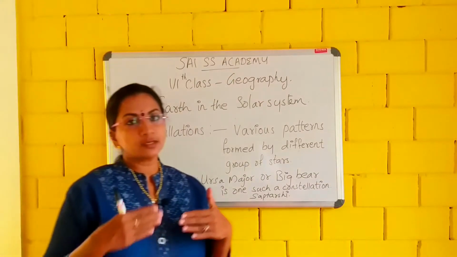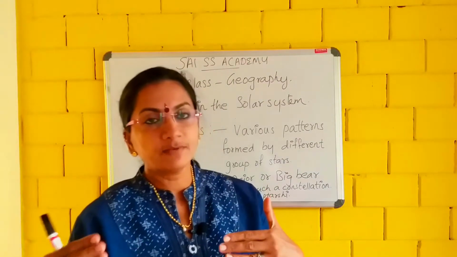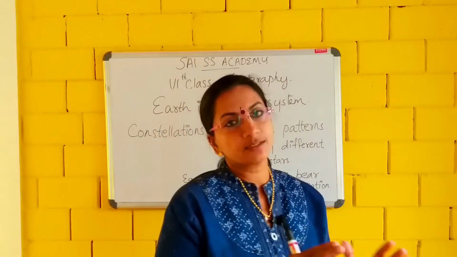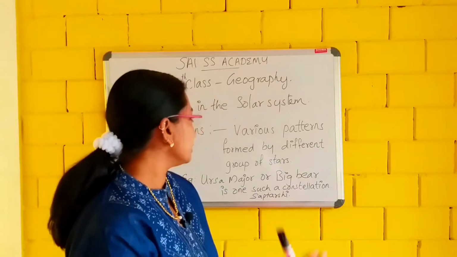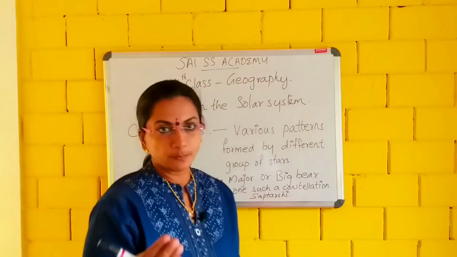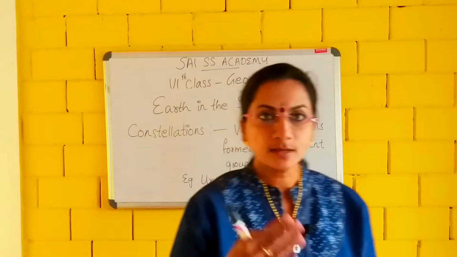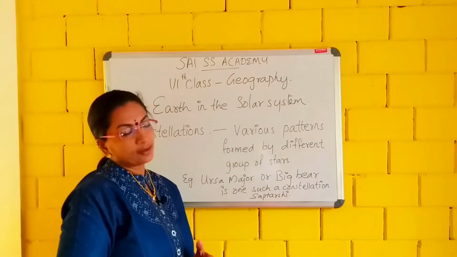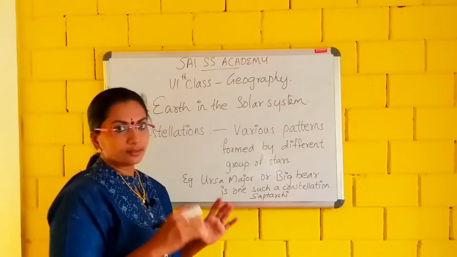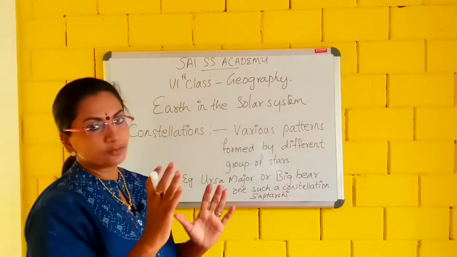Constellations: various patterns formed by different groups of stars are called constellations. If we watch the sky, we can see different patterns of stars in some areas, isn't it? So various patterns are formed by different groups of stars. These are called constellations. An example is Ursa Major or Big Bear. That means different types of patterns.